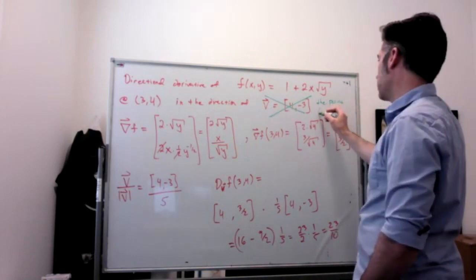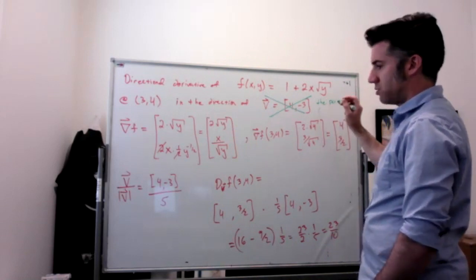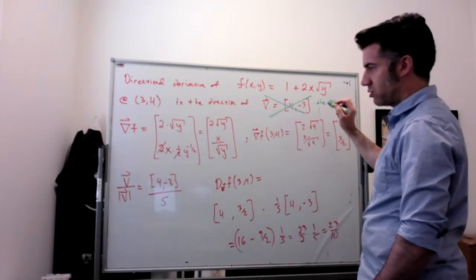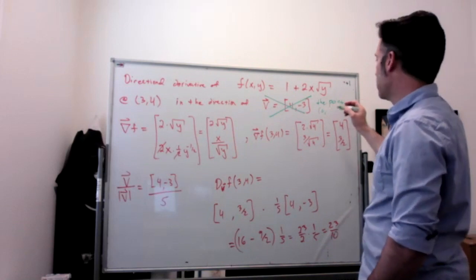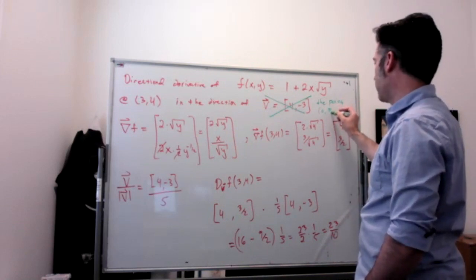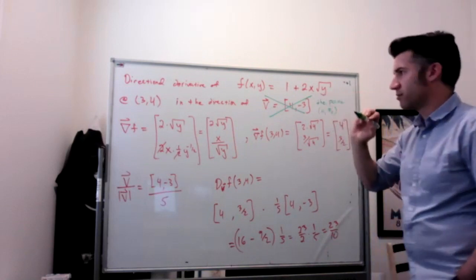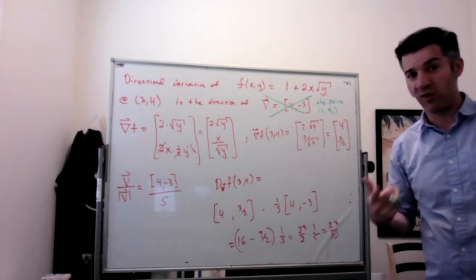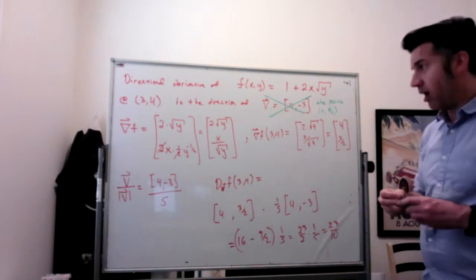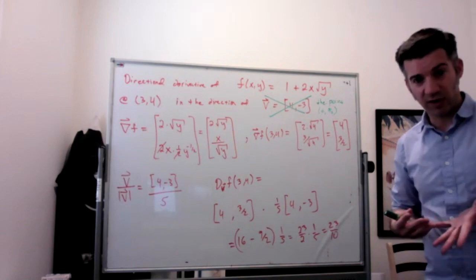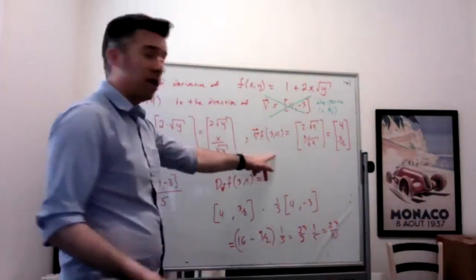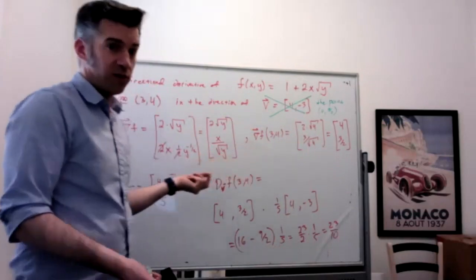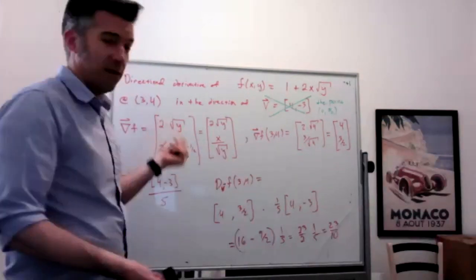Let's say the point 6, 5 halves. Let's say we want to move in the direction of that point. Well, we don't actually have the direction yet. I'm going to erase some of this. Our gradient is not going to change, right? The gradient at that point is still the same thing.